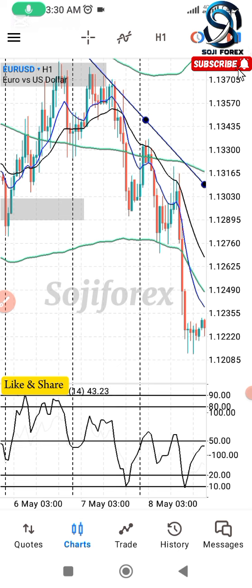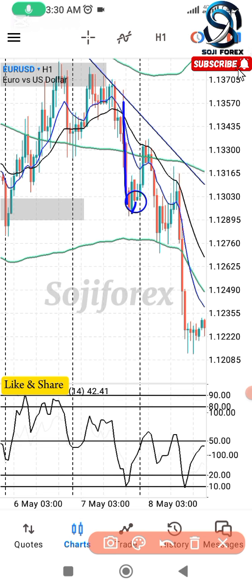So you pick up your trend line and place it as a reference line. Then what next? You wait for price to come and pull back to retest the moving average, or retest the reference line, which is the trend line that you have drawn. So you see now price will come back and pull into the moving average for the second time. That is when you will be looking for your entry.